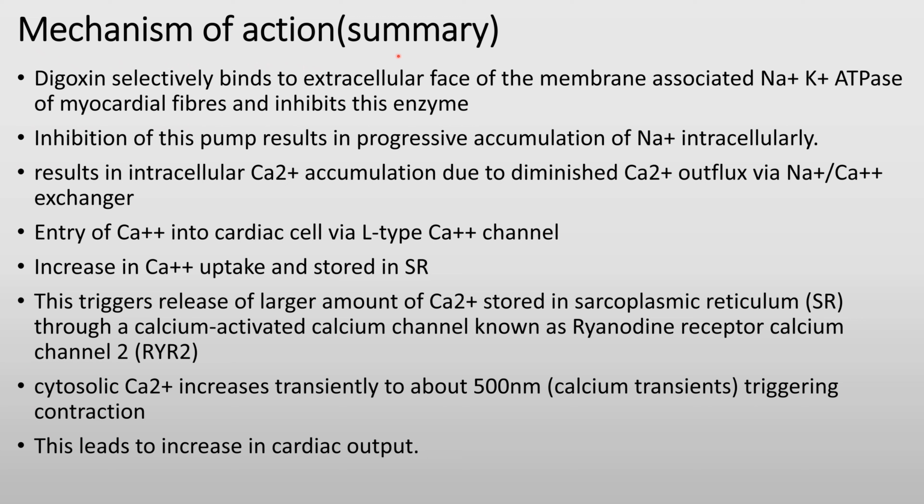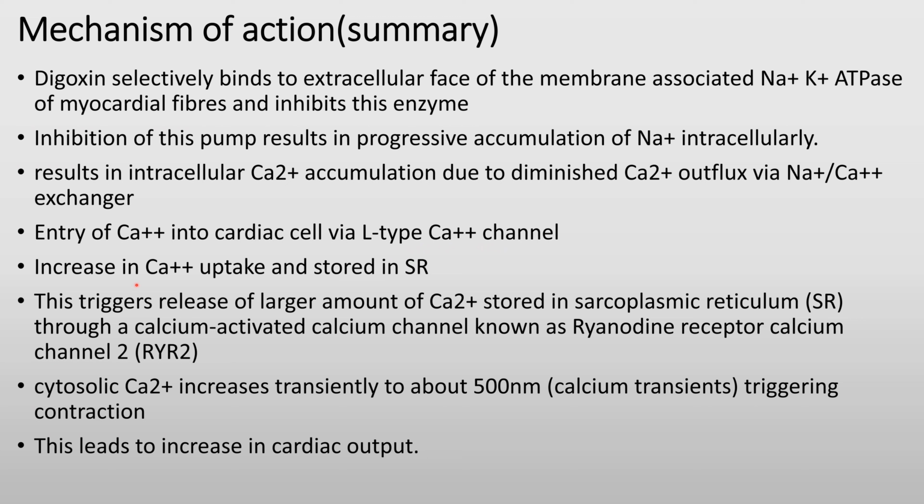This is the summary of the mechanism of action of digoxin. Digoxin binds to sodium-potassium ATPase and inhibits this enzyme. Inhibition leads to accumulation of sodium intracellularly, which results in intracellular calcium accumulation. Then there is entry of calcium into the cardiac cell via the L-type calcium channel.